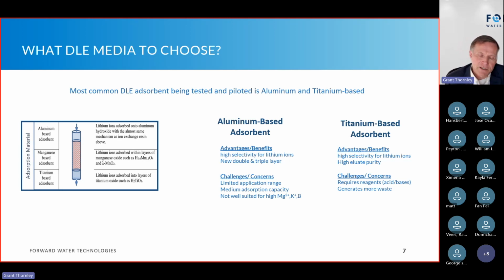So aluminum-based advantages: every media has advantages and disadvantages. On the aluminum-based, just so you know, different DLE manufacturers will have a lithium aluminate double hydroxide, and some even have triple hydroxide. Even though it's of that category, every manufacturer has different permutation combinations of their formulations and different binders and so on, which means that slight changes in the formulation can have significant impacts, advantages and disadvantages of that media.